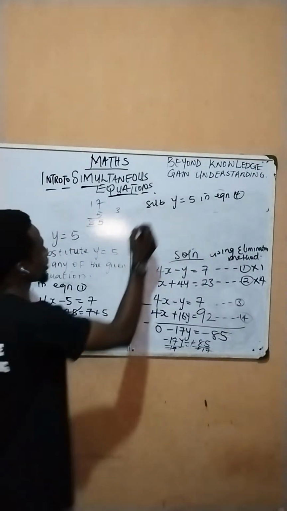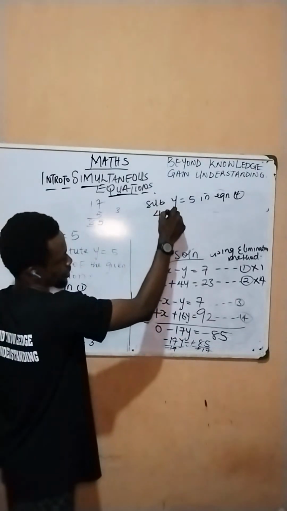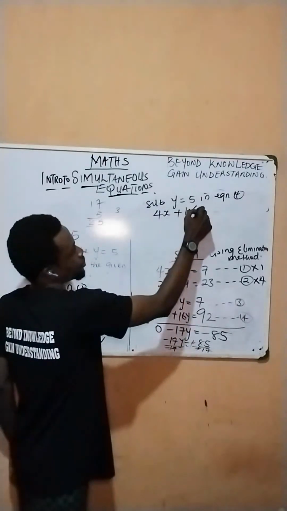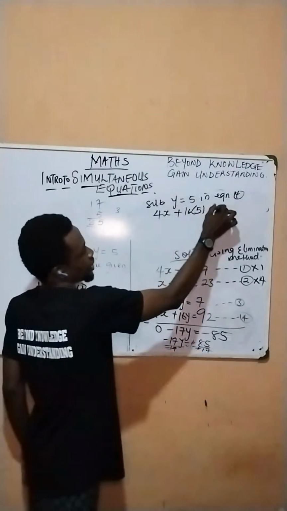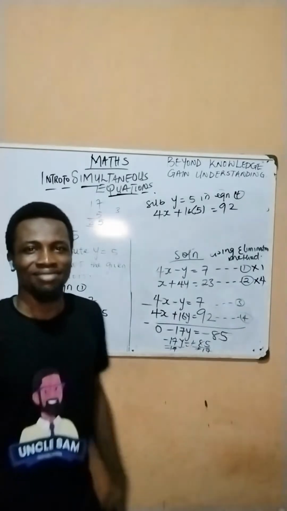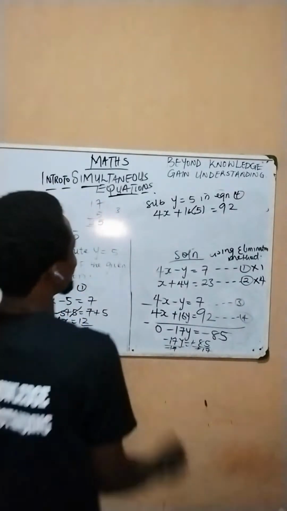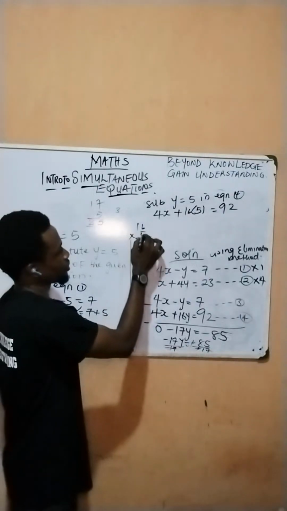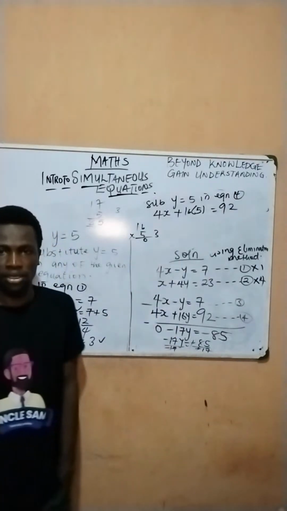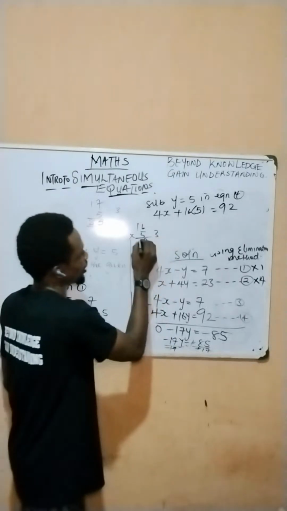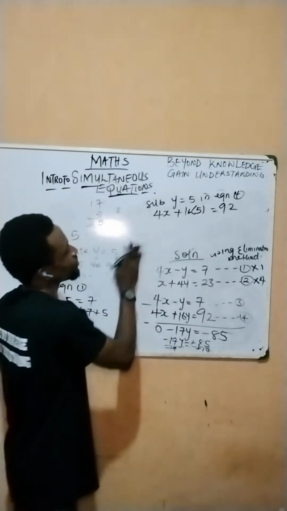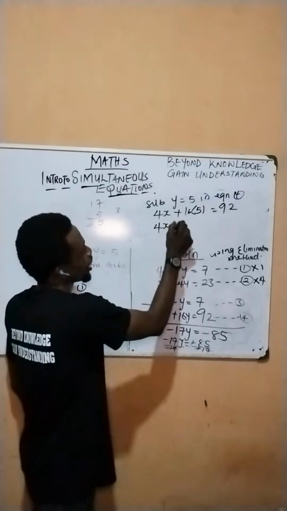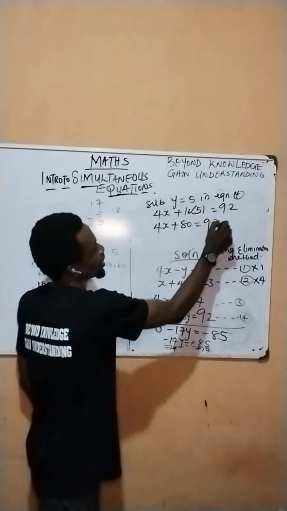So this is simply saying 4x plus 16 multiplied by 5 equals to 92. If we multiply 16 times 5, 5 times 6 is going to give us 30. Take 0, carry 3. 5 times 1 is 5 plus 3 is what? 80. So we have 80 here. So this is saying 4x plus 80 equals to 92.